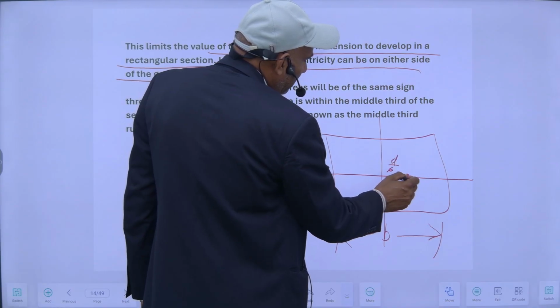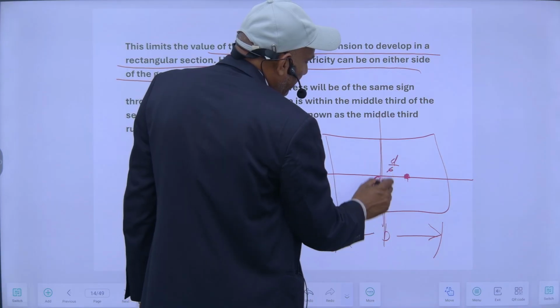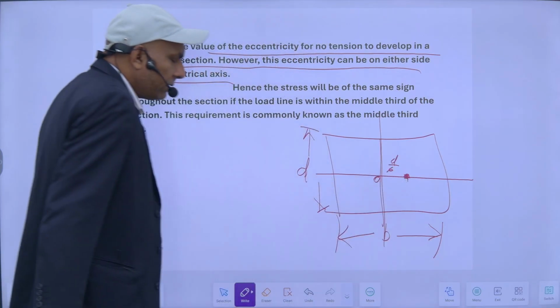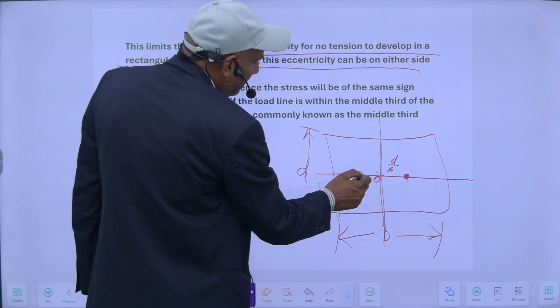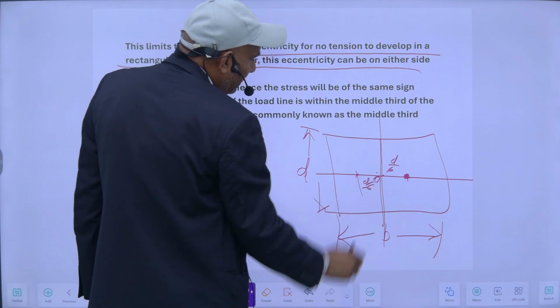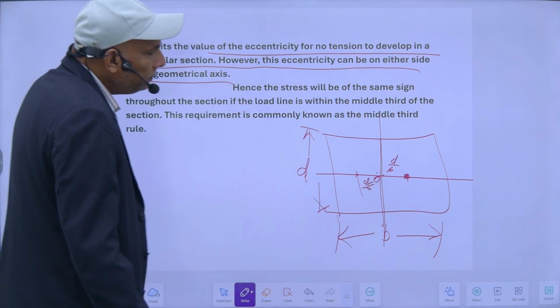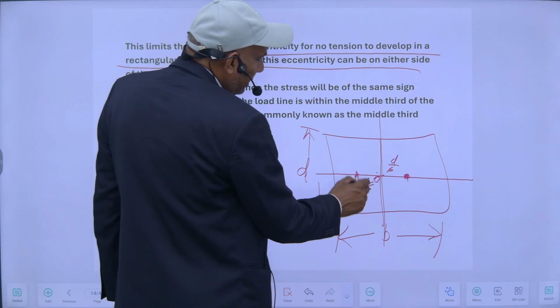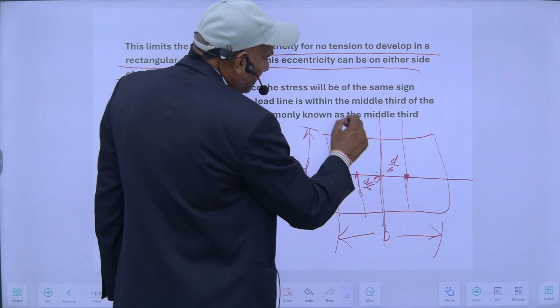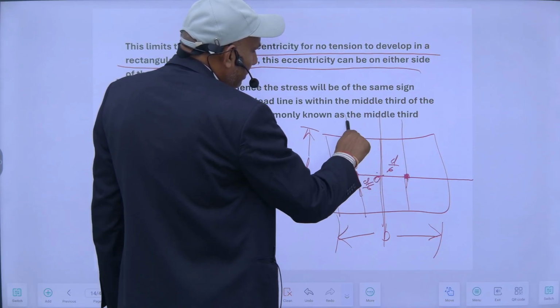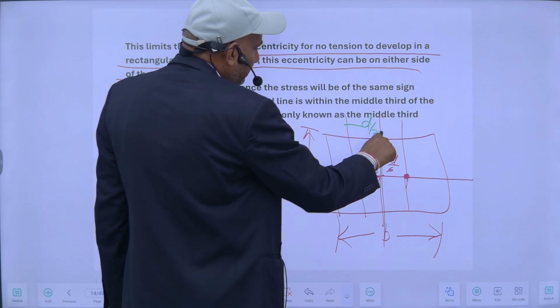This is the central axis origin. So the maximum value it can go on the other side is D by 6 on this side or D by 6 on this side. So this total will become D by 3. D by 6 plus D by 6 is equal to D by 3.